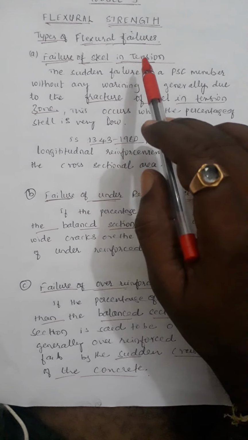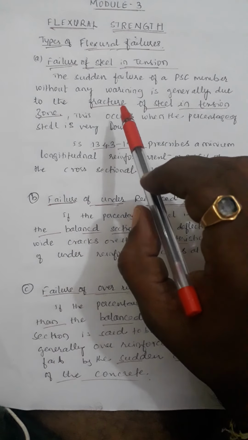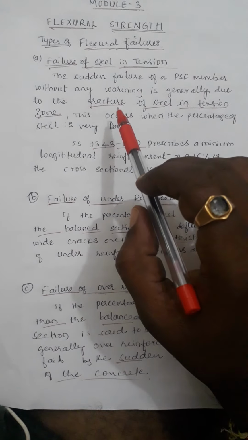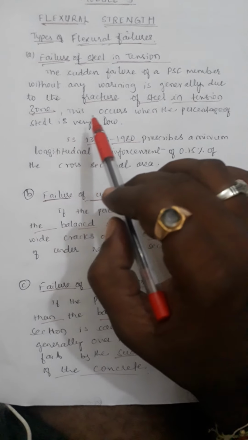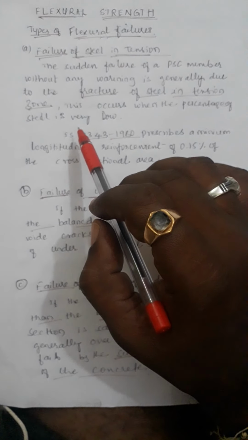Failure of steel in tension occurs due to the fracture of steel in the tension zone. The sudden failure of a PSC member without any warning is generally due to failure of steel in the tension zone. Therefore, this occurs when the percentage of steel is very low.